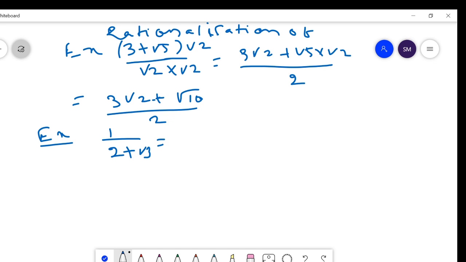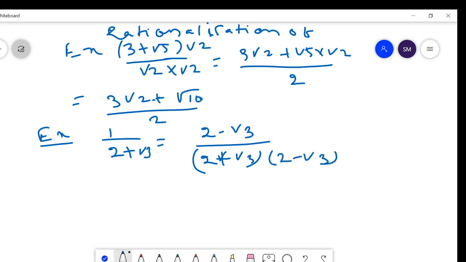To make rationalize the denominator, multiply the numerator and denominator by 2 minus root 3. Here in the denominator 2 plus root 3, multiply it with 2 minus root 3. Here in the numerator 2 minus root 3, in the denominator a plus b into a minus b. Then what is this?